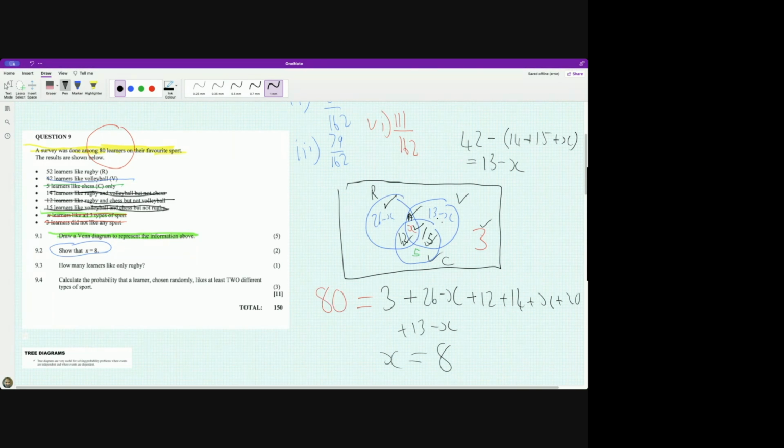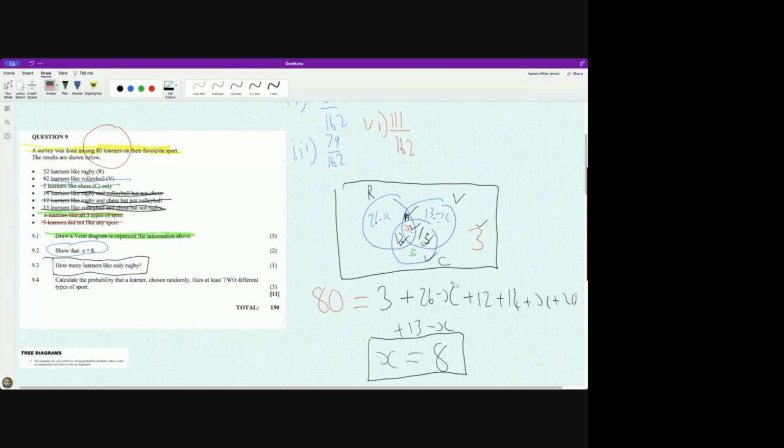Okay, now we're going to move on because today is more about tree diagrams, but just to show you how this would work, let's do one more question here. How many learners like only rugby? So look at your Venn diagram and you're allowed to use the fact that x is 8. How many learners only like rugby? What is the answer going to be if you look at your Venn diagram here? And then we can move on.